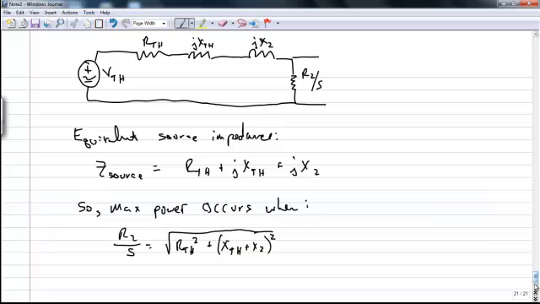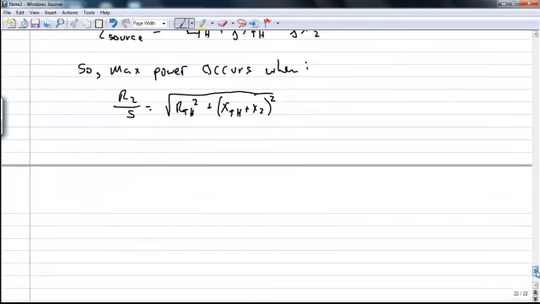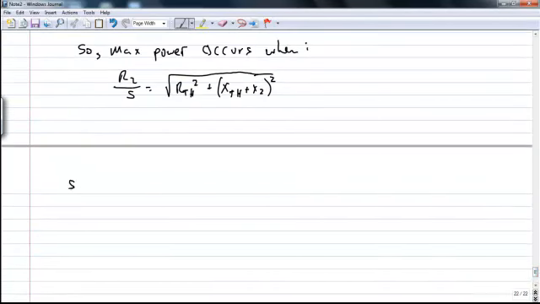Let's solve this equation for the slip. If we do that, we get the following.